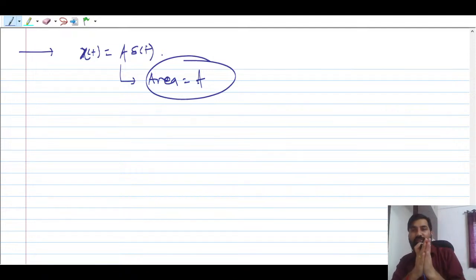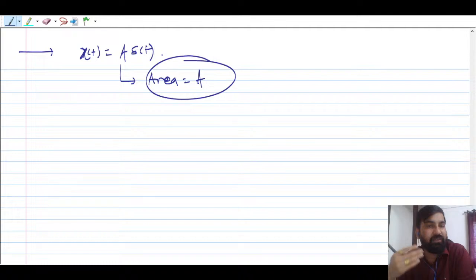And suppose you shift your impulse anywhere, your area is going to be the same. Area will not change. So suppose the signal is delta t minus t0. What does delta t minus t0 describe?